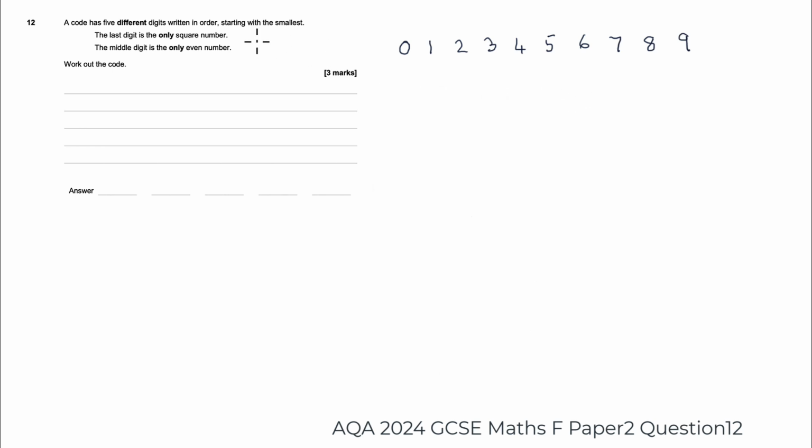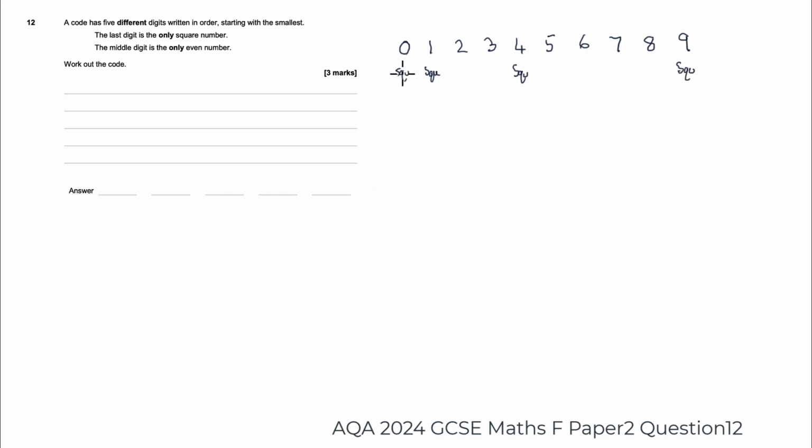So which ones are square numbers? Well, 0 times 0. Remember, a square number is a number times itself. 0 is a square number. 1 times 1, that's a square number. 4, 2 times 2, that's a square number. 9, 3 times 3.